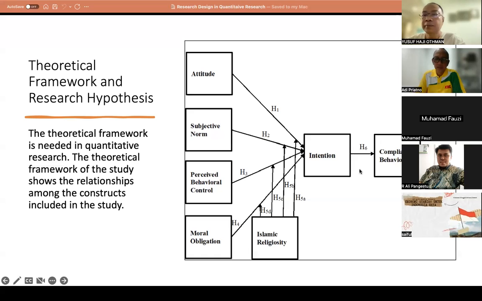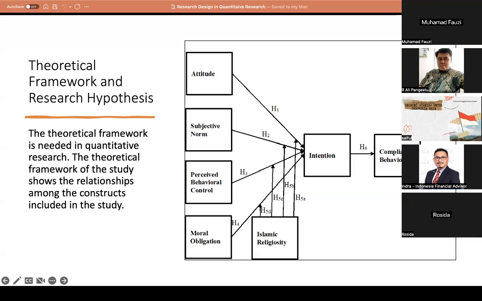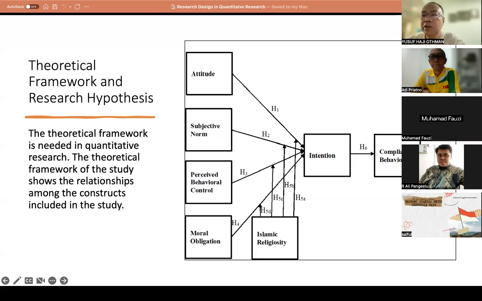Okay, Prof. I will discuss with my supervisor. Yeah, I think that's the best. The main supervisor is from Malaysia, from Unishans, but a co-supervisor can be appointed from Indonesia, and you can choose your main supervisor at master's level to be the co-supervisor.